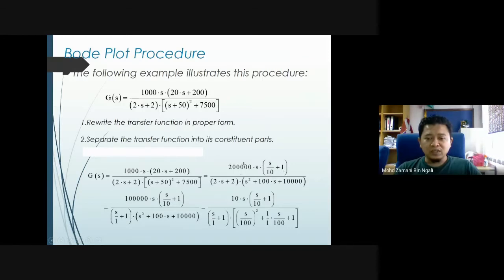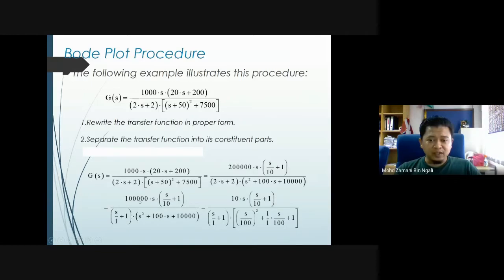And this 1000 times 200 becomes 200,000. For the bottom side, this 2s is divided by 2. And for this part, we first extend it to s squared plus 100s plus 10,000. From here, we divide by 10,000. So this one we divide by 2, this one we divide by 10,000, so we have a total of 20,000.